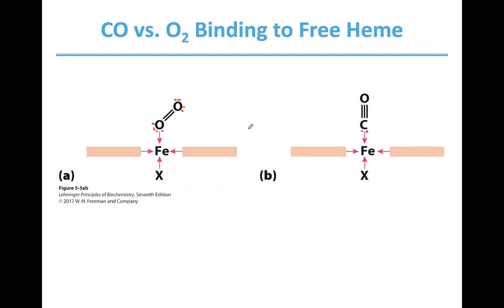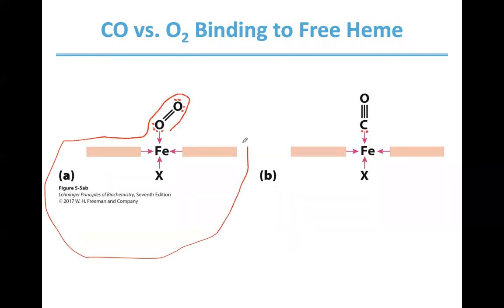So now imagine that you put this in a protein, and the protein has this kind of pocket, which allows you to put the oxygen at an angle. But carbon monoxide cannot be accommodated with this.